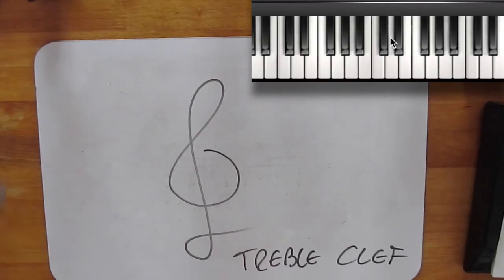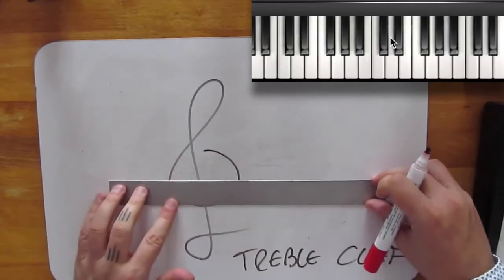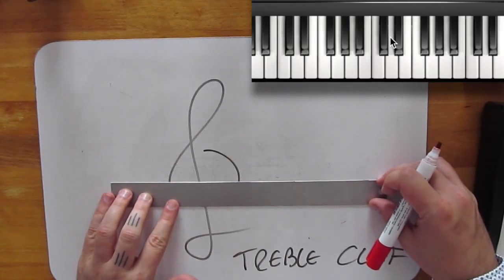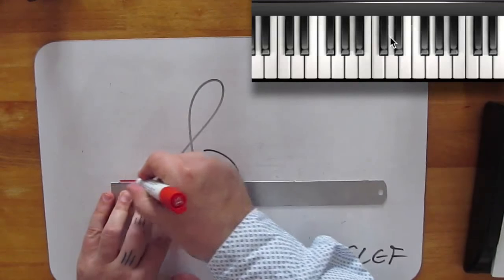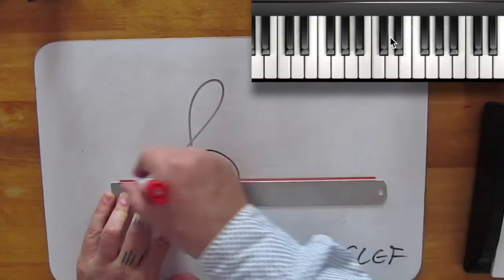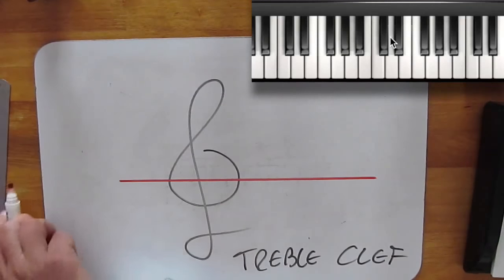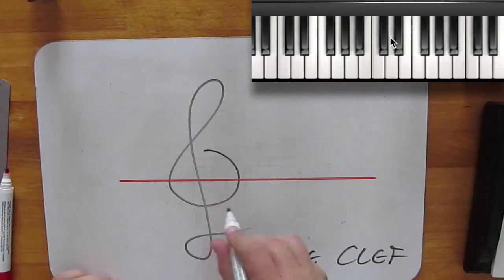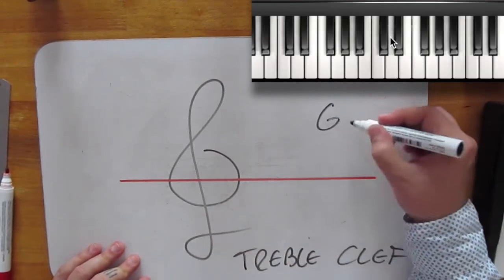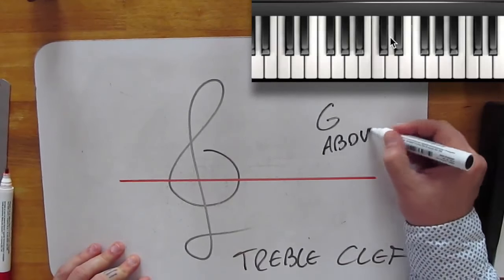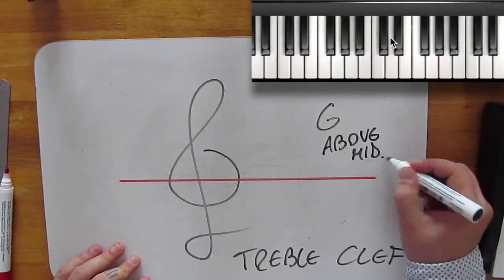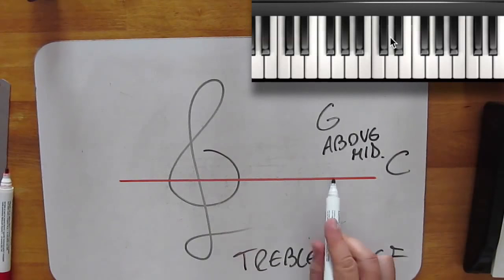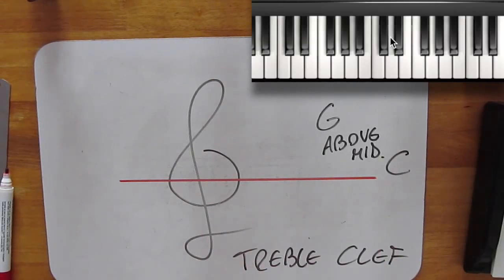The treble clef has the job of assigning a certain note to a certain line. In this case, that will be the G above middle C. This line will be the G above middle C.